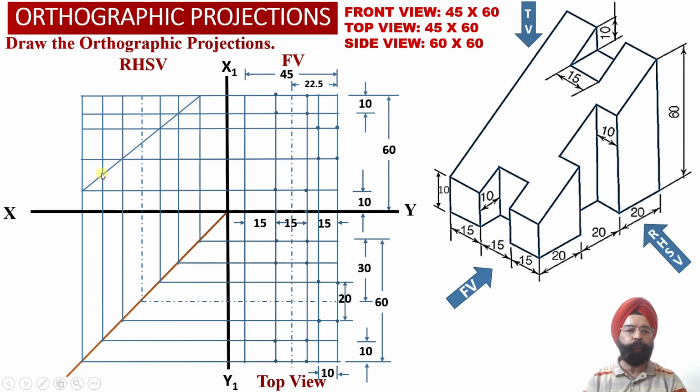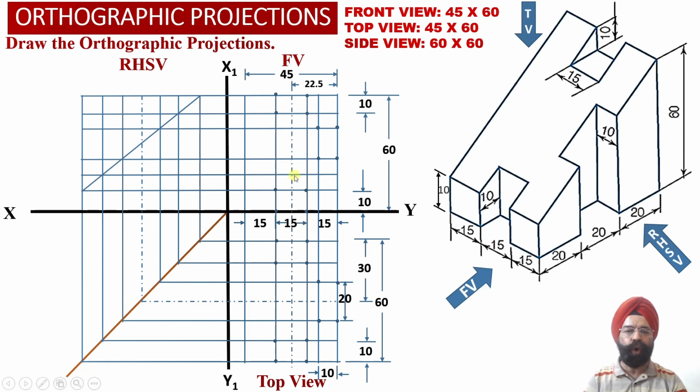Through this point of intersection, a horizontal projector line is drawn and extended appropriately into the front view orthographic projections over here. We can check that this surface's true shape has been identified in the front view, the surface which we had evaluated before.